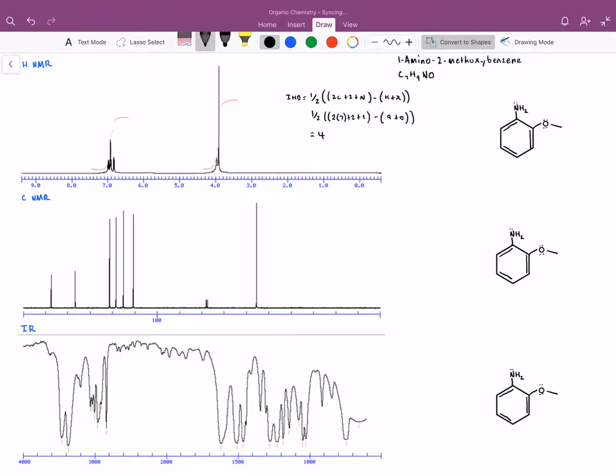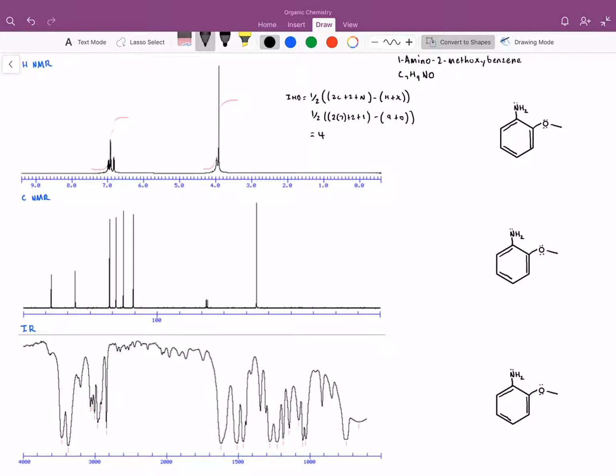We know that we have 4 double bonds and or rings within our compound. That's very useful when you're starting off with a spectroscopy problem. For our particular compound, we have 3 double bonds and a ring, which is the 4 that we got from our index of hydrogen deficiency. Those 3 double bonds and the ring make up the benzene ring that we see.